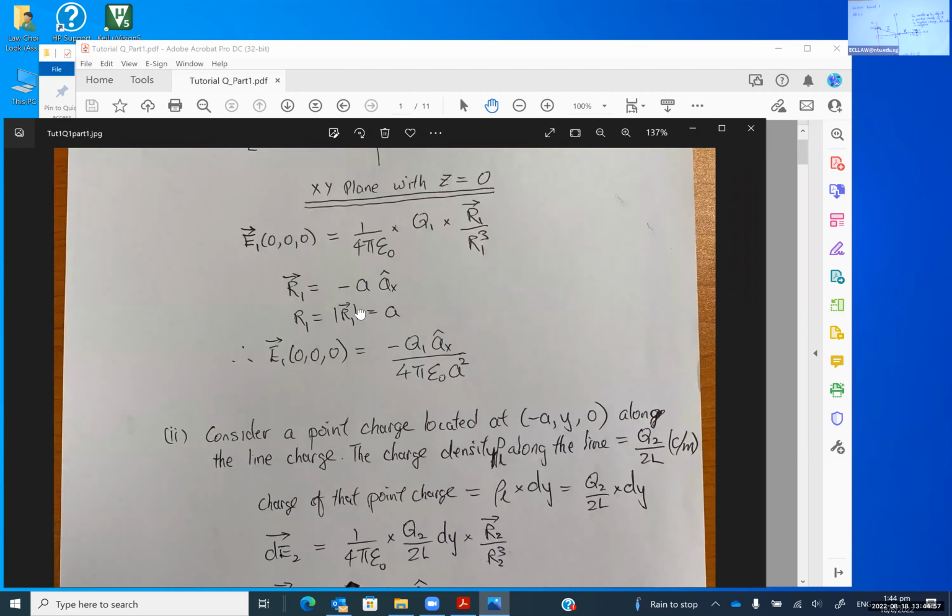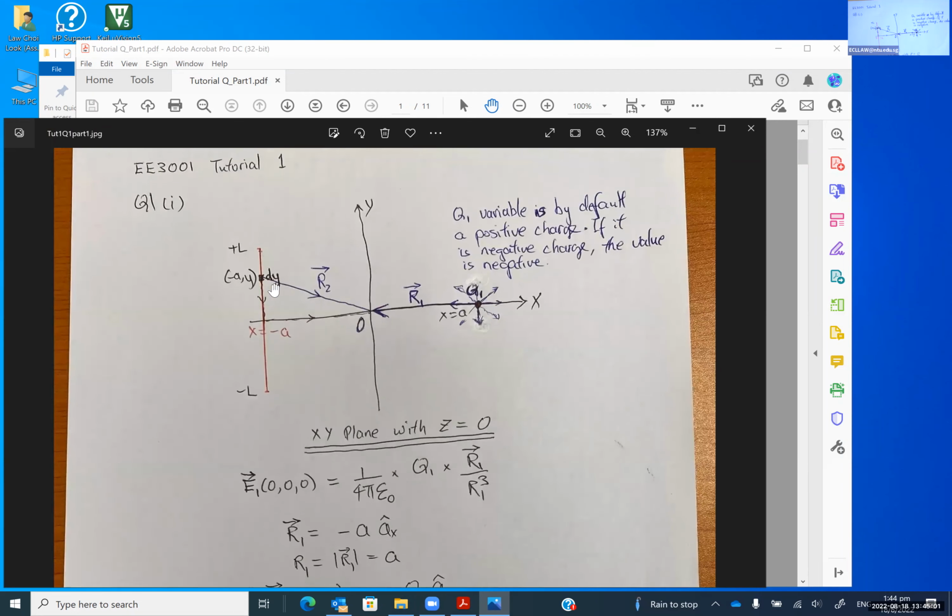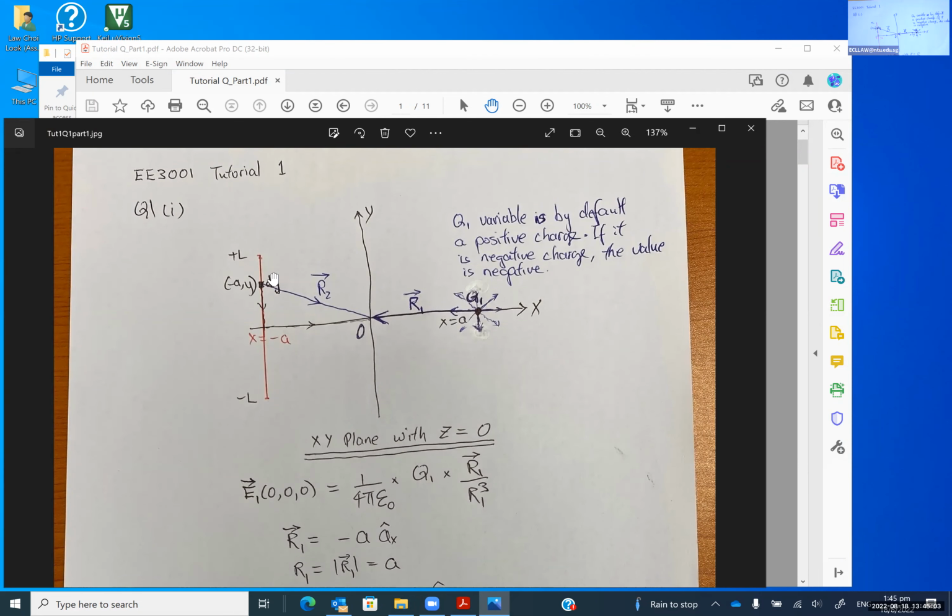Okay, so can you tell me, looking at this figure, what is the R2 vector? The way to do it is you decompose that vector into the unit vectors along the axes. Remember, in this case we have rectangular coordinates, so we have x unit vector, y unit vector, and z unit vector in general.